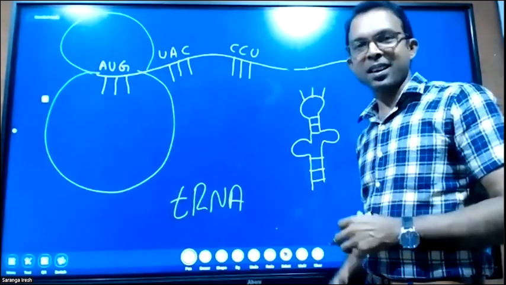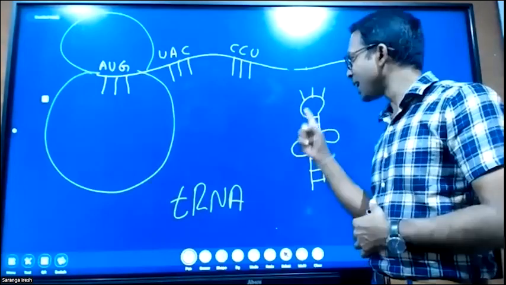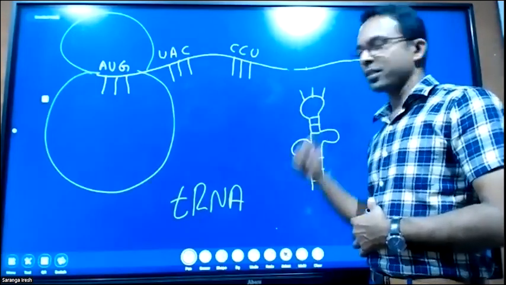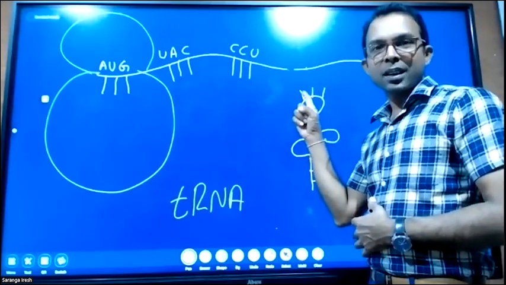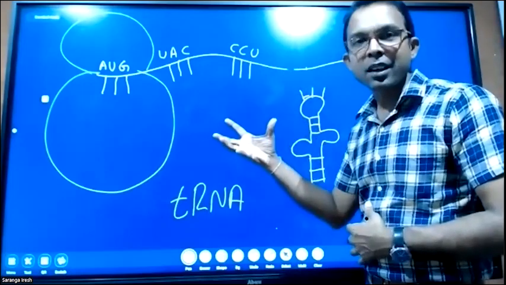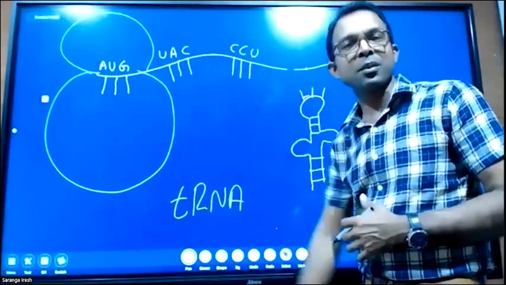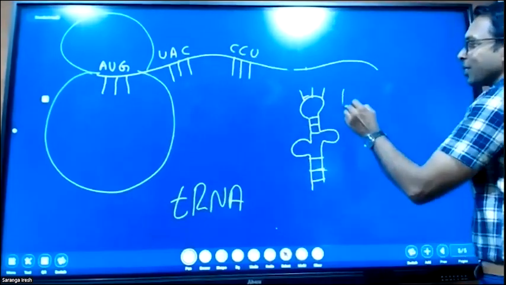So we have tRNA in the cell. Those tRNA have bases in triplets. Those open base triplets can be complementary to one of the codons in any mRNA molecule. This triplet is called an anticodon.